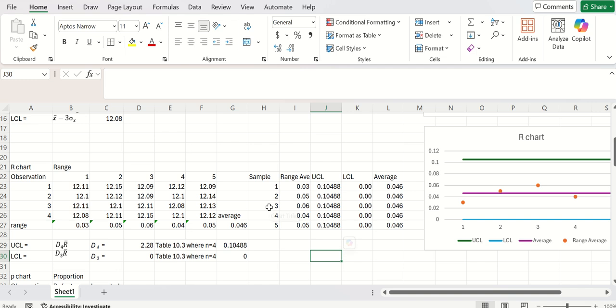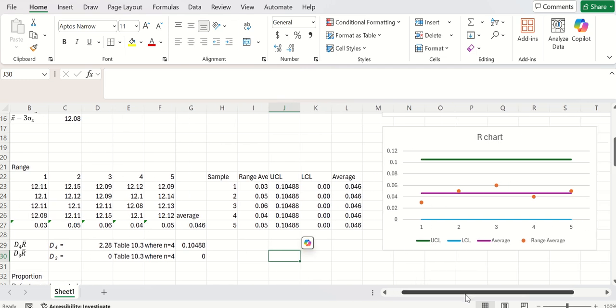All right, let's take these values and swap them over. Sample 1 through 5, range is 0.03, 0.05. You see how these have just been moved over. Upper control limit, we calculated. Lower control limit, we calculated. Average, we calculated. And then we put in a range chart that looks exactly like the X bar chart, except now we're saying how much variability is there on a daily basis, right?